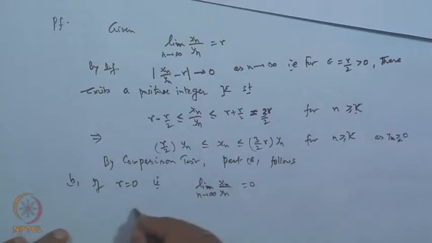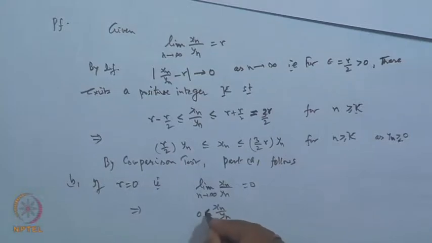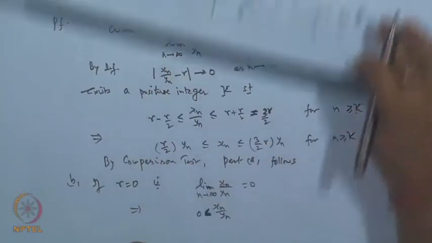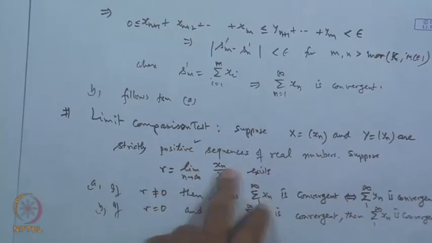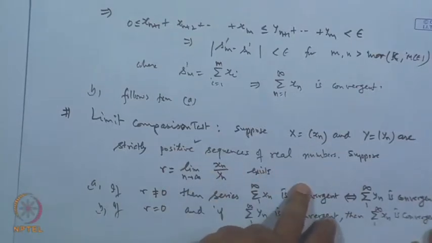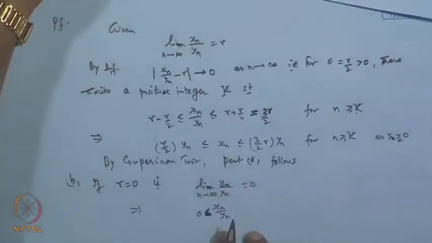So, clearly x n over y n will always be greater than or equal to 0. In fact, it is strictly greater than 0, because they are strictly positive sequences of real numbers, and no term is 0 even. So, x n over y n will be strictly greater than 0.